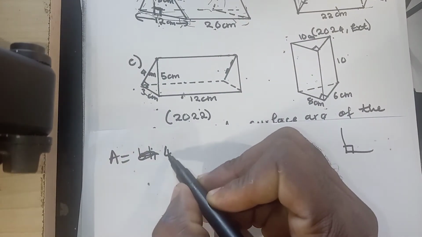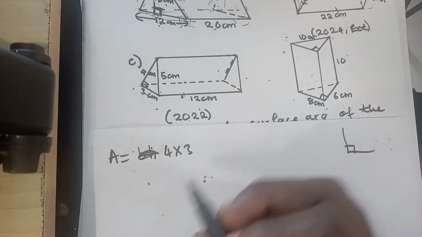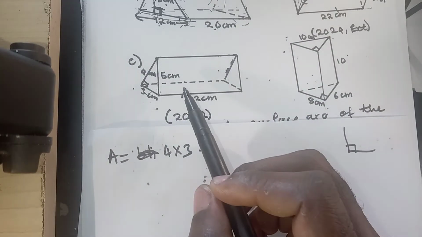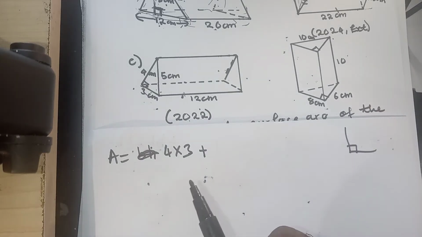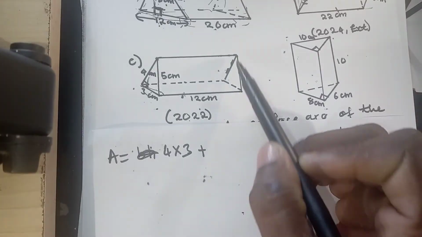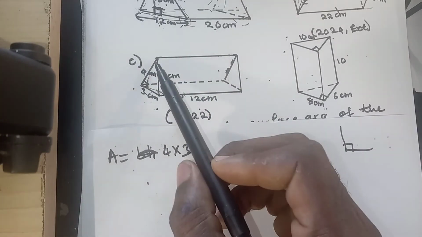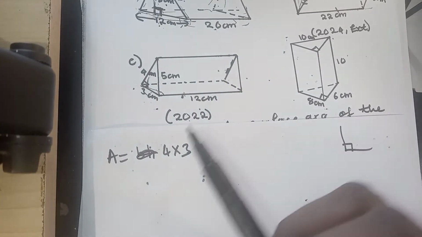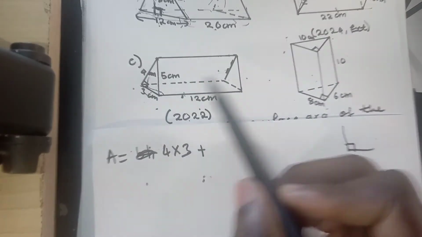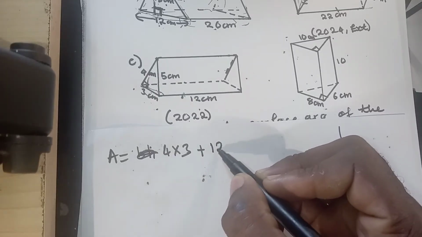So you can say 4 multiplied by 3, and then you say plus the height of the triangular prism. The height of the triangular prism, once again, is simply the distance between the two triangular faces. We have this triangular face and this triangular face. So the height will be the distance between these two faces, which is 12.